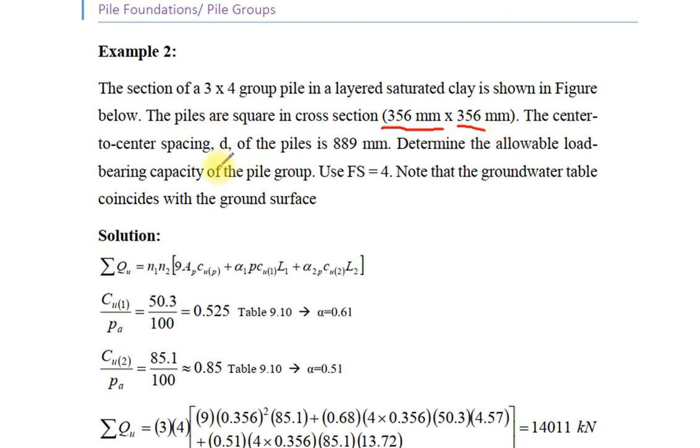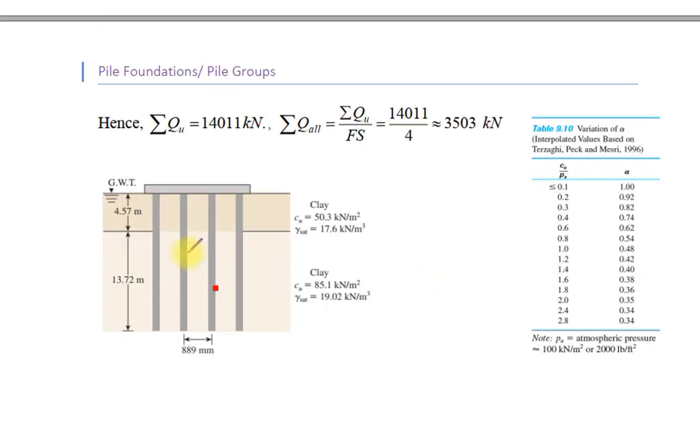The center to center spacing D of the piles is 889 mm. D, or sometimes S, is the distance between piles from center to center. Determine the allowable load bearing capacity of the pile group. Use a factor of safety equal to 4. Note that the groundwater table coincides with the ground surface.